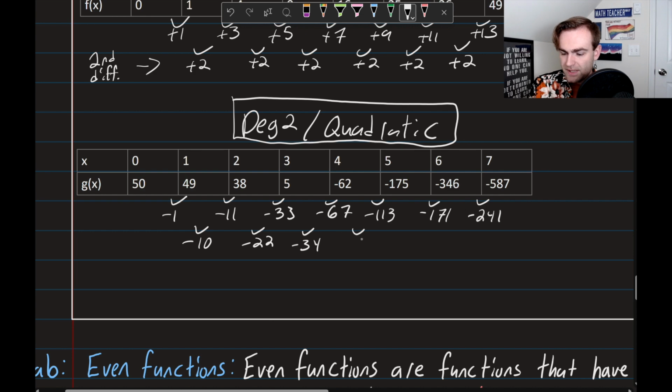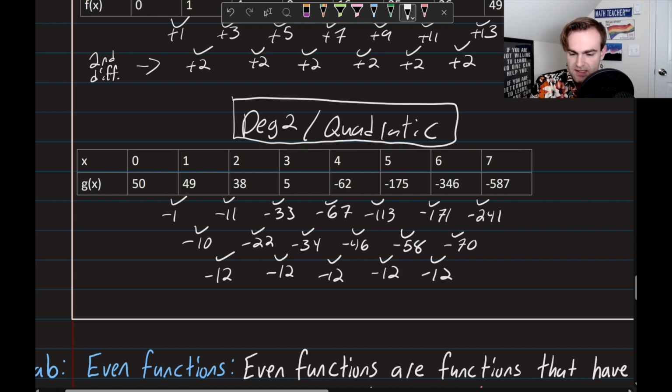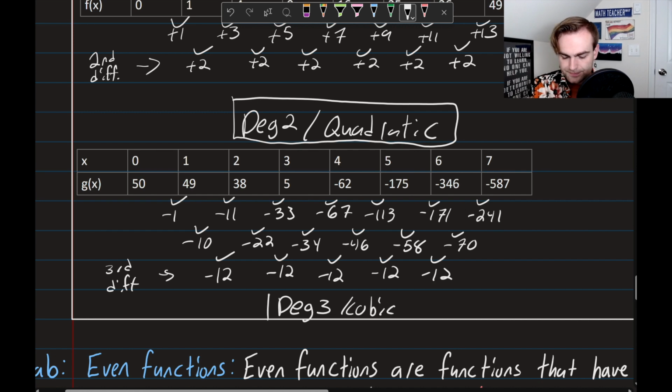This is looking like a pattern to me. Have you picked up what the pattern is? Well, let's do it one more time, and we're getting minus 12 for all of them. So this is the third difference, which means that this is a degree 3 or cubic polynomial.